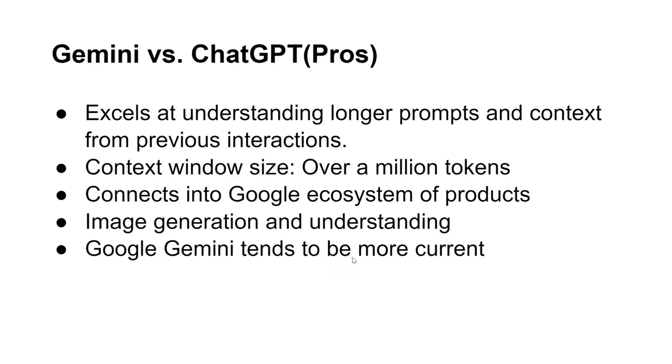So what helps Gemini stand out over OpenAI and ChatGPT is very much some of the context window stuff. The context window for ChatGPT is actually relatively small.